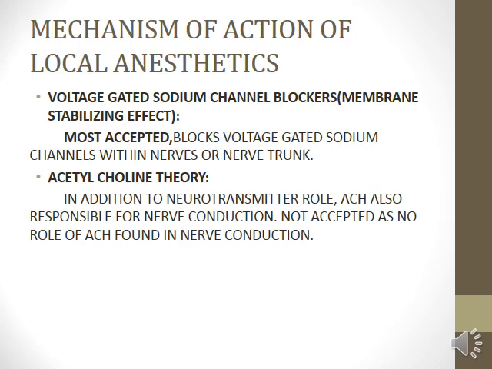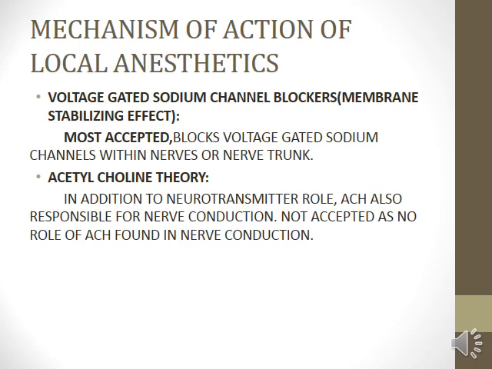The second theory that was put forward in the early stages of the local anesthetics mechanism of action was that acetylcholine has a dual role. First of all, it acts as a neurotransmitter within the neuromuscular junction, and secondly, it also has some role in nerve conduction.